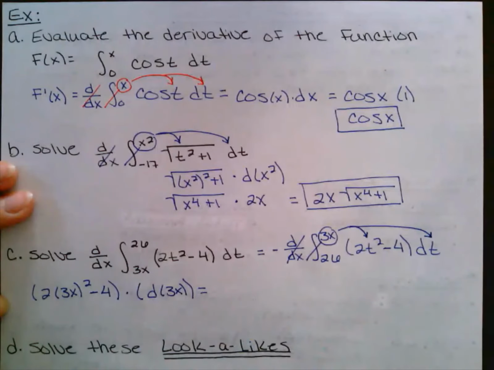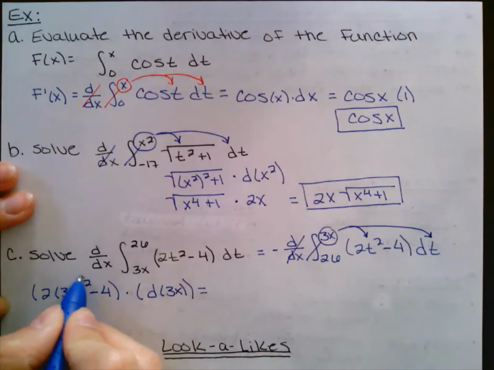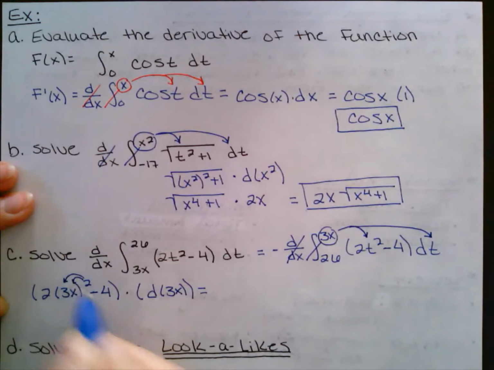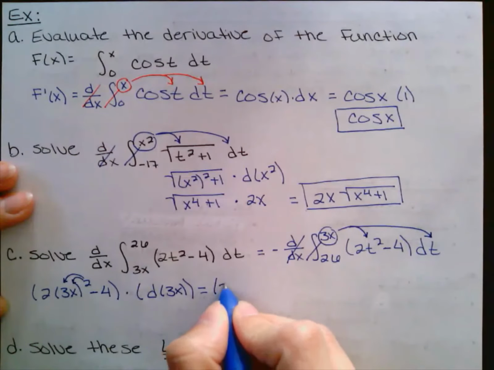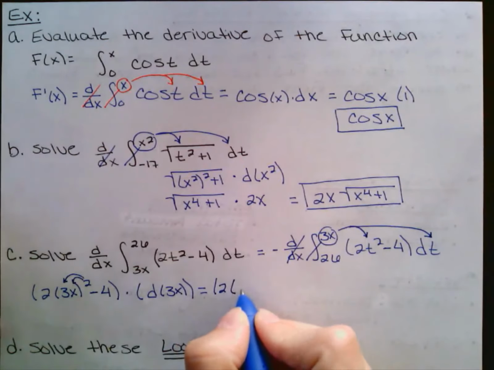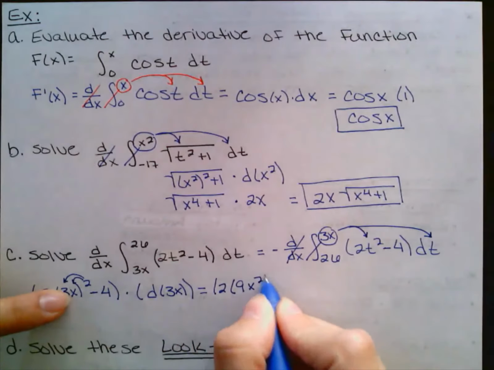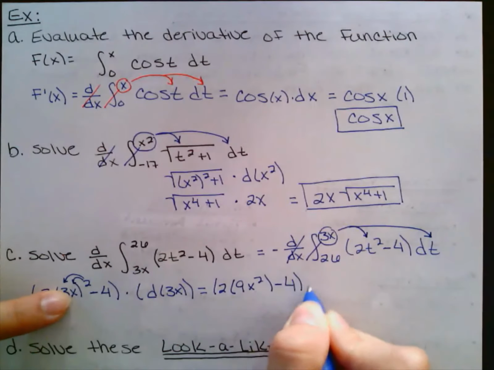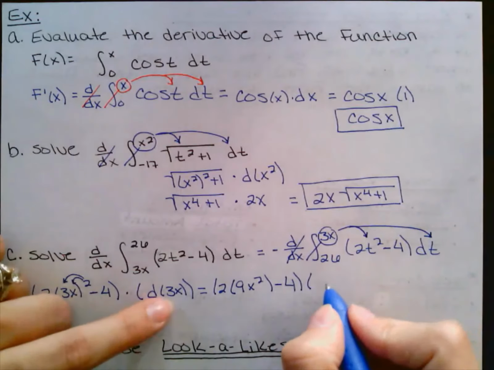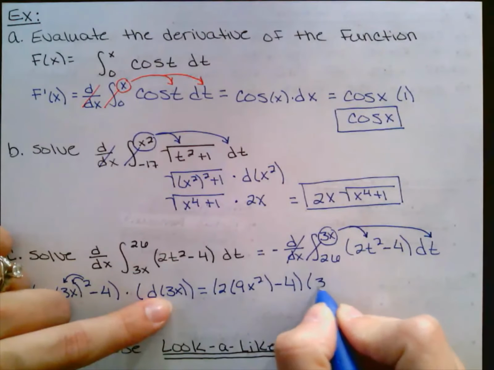Here, just be very careful with your algebra. Remember that that exponent of 2 gets applied to the 3 and to the x. So I have 2 times 3 squared is 9, x squared is just x squared, minus 4 times the derivative of 3x, which is just 3.